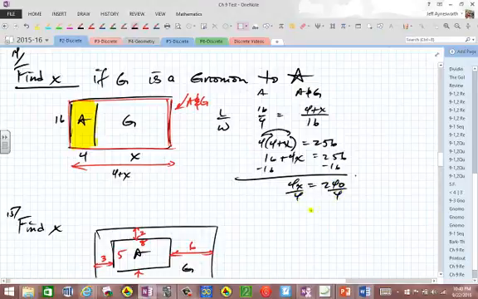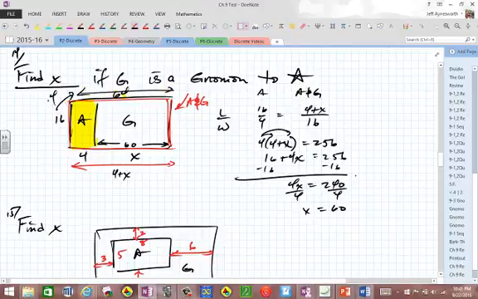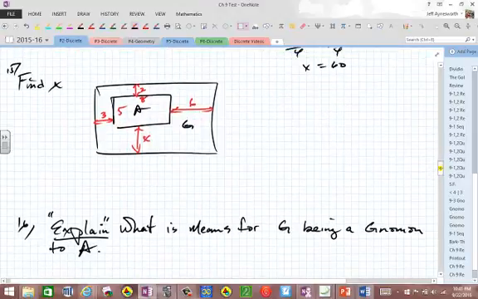Dividing. There you go. So x has got to be 60. So this is 60 units from here to here. That should make sense because if you multiply this by 4, this total length would be 64, right? 64 minus 4 is 60. There you go. I taught it 2 different ways.